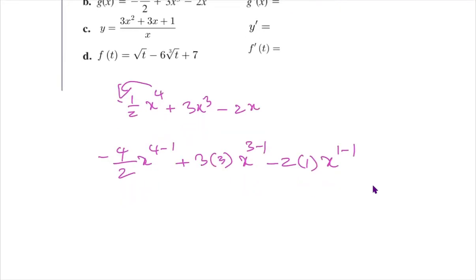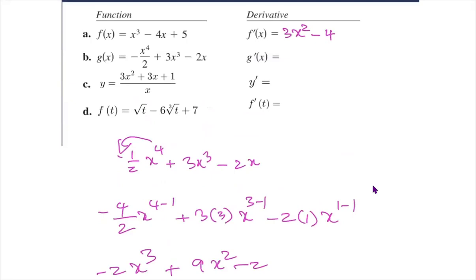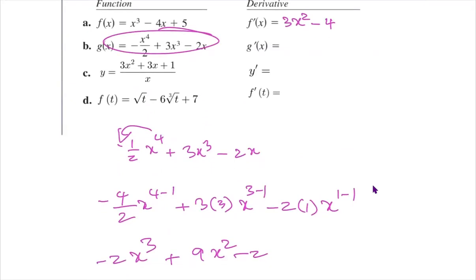So that will be negative 4 over 2, that's negative 2x to the third, plus 9x squared minus 2. So the derivative of this function is negative 2x to the third, plus 9x squared minus 2.